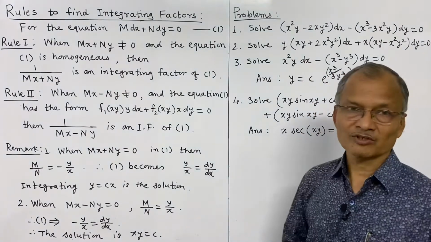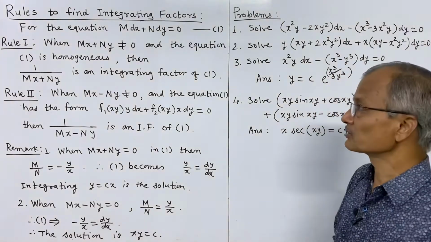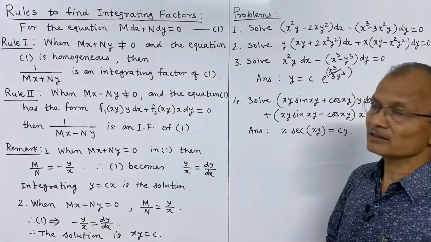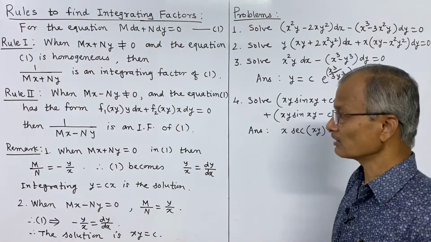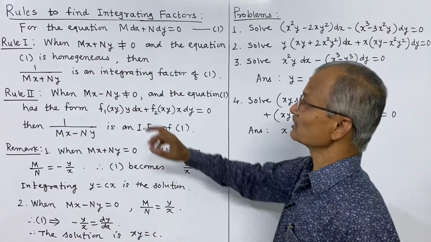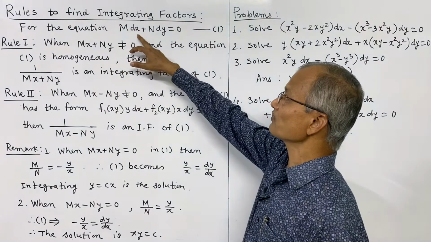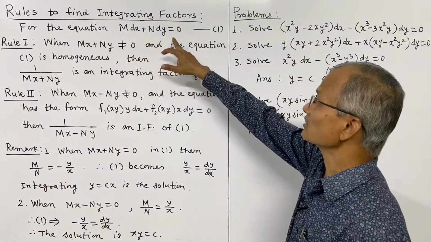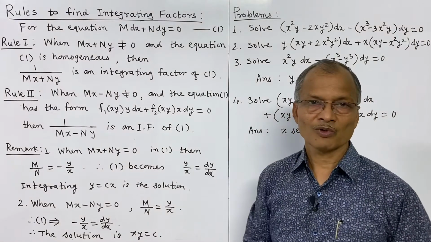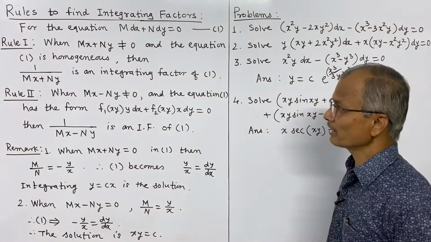In this lecture we shall study two rules, rule 1 and rule 2, for finding an integrating factor, and we shall solve problems on it. So I have written the rules here. The first rule is: suppose the given equation is in this form, M dx plus N dy is equal to 0, which is not exact, and we want to reduce it into exact form.